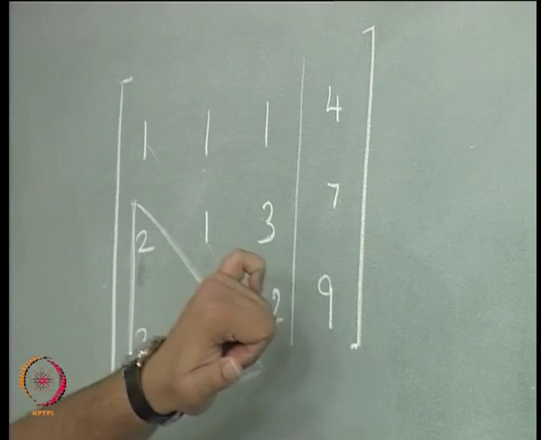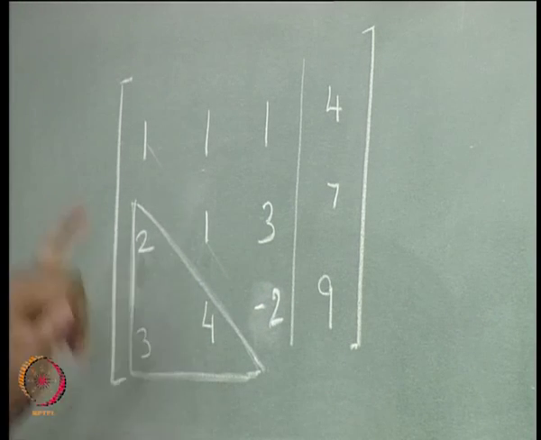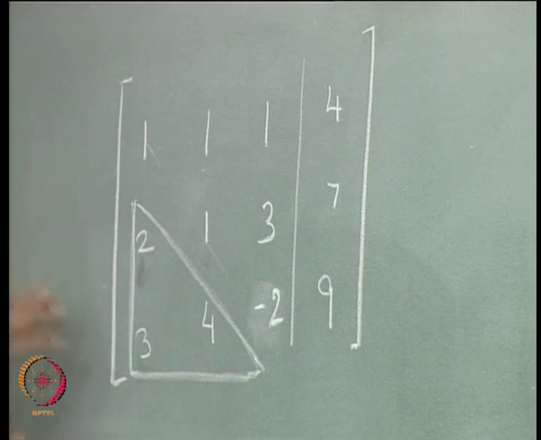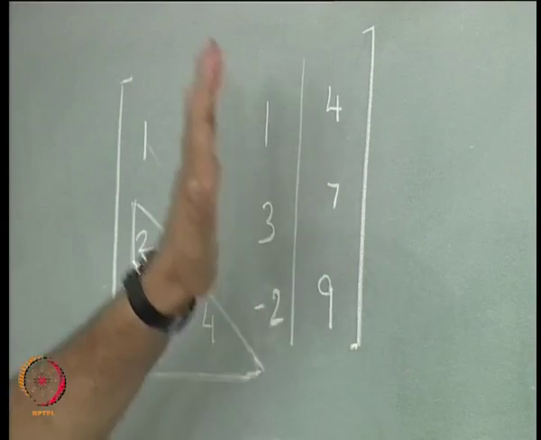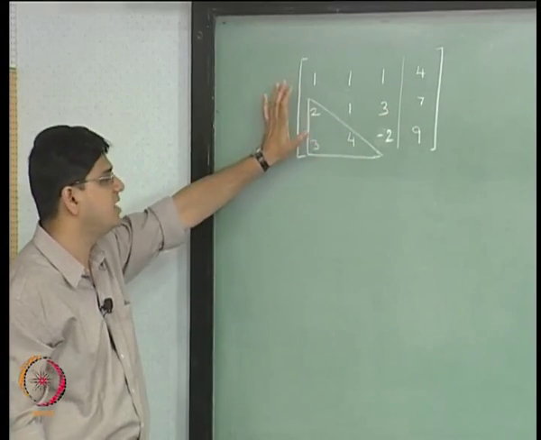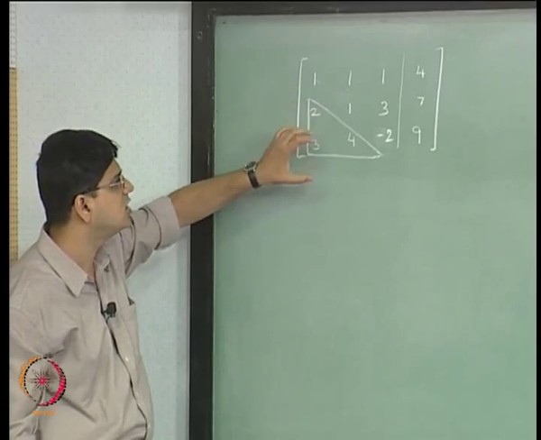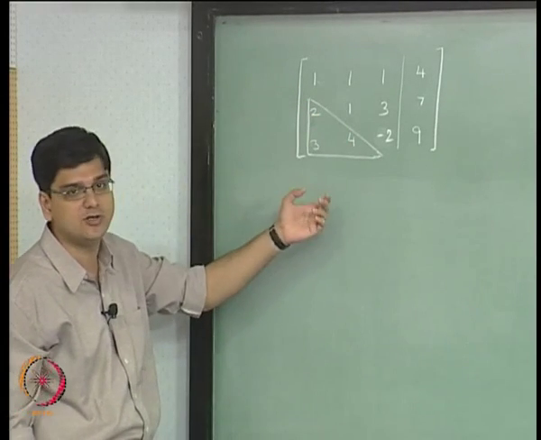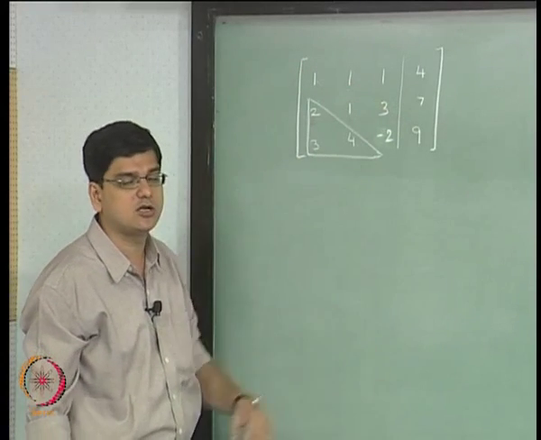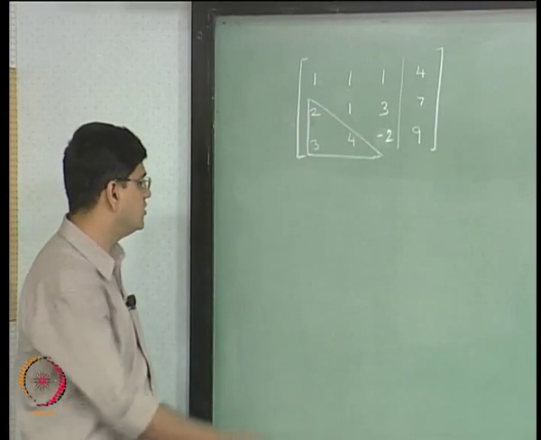Next we use row 2 to get 0 over here. When we did that, we ended up with an upper triangular matrix. That means the values at and above the diagonal may be non-zeros, whereas all the values below the diagonal are definitely going to be equal to 0. That is what the Gauss elimination process leads us to.